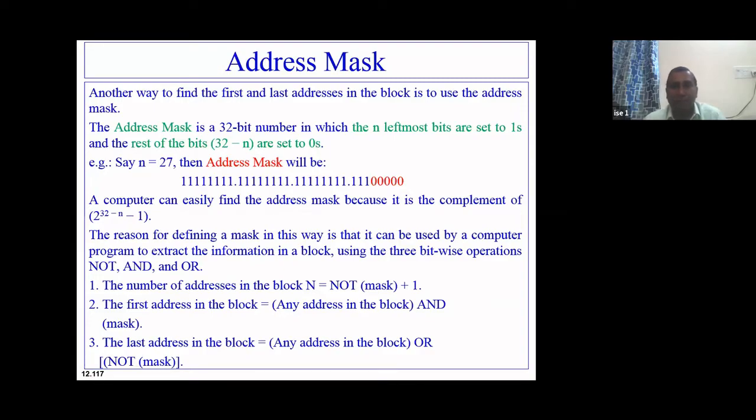You got the idea? So generally, how do I find this? Suppose my network, see this n, that is the prefix length, is 27. So whatever the address value is, like a dot b dot c dot d slash small n.